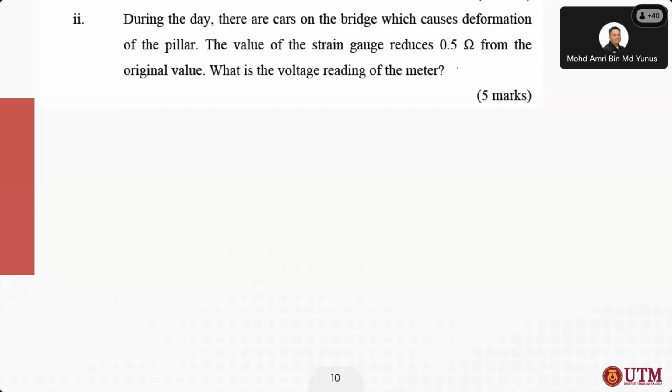but this time we consider the internal resistance of the galvanometer. Let's say Rg, or the internal resistance, is equivalent to 50 ohm.